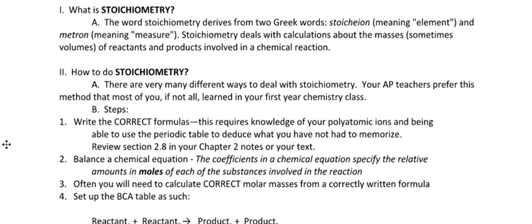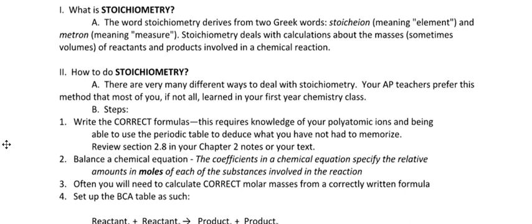After that, if you have the correct formulas, then you need to balance your chemical reaction. If you wrote the formula down wrong, you may not be able to balance it. I know if I make a typing error on one of your handouts, I can't balance it either. And what do those coefficients mean? Those mean moles.